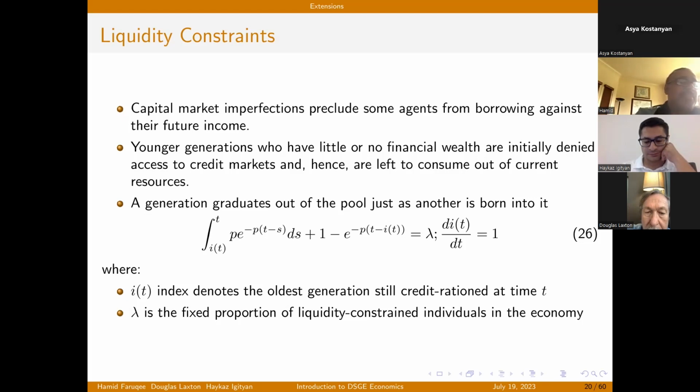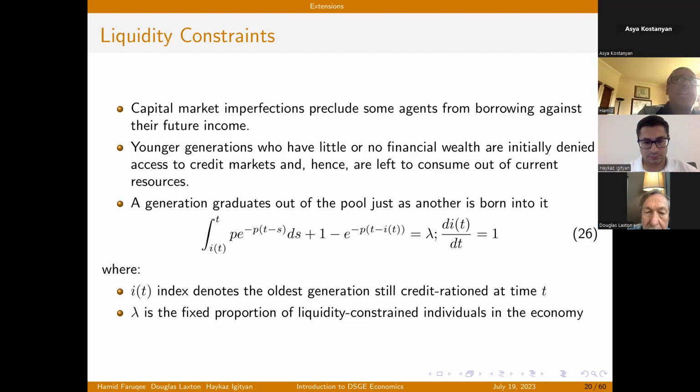We'll assume that at least for that portion of the population, they will be liquidity constrained and not able to borrow at the interest rate R. Again, this is a way to introduce some credit market imperfections, at least to represent what people think about in terms of credit rationing and financial market imperfections. And this is one kind of shortcut way in which we can introduce that into this OLG framework. So lambda will represent the fixed proportion of liquidity constrained individuals in the economy.